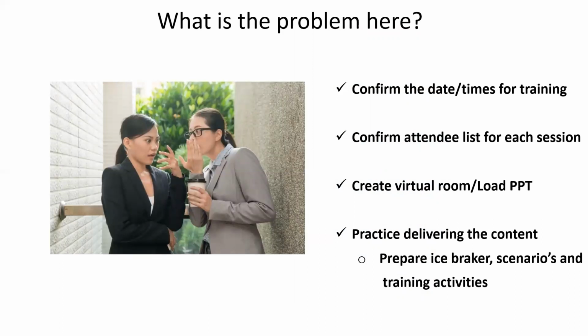The rumor mill in the field with the sales reps and sales managers, market managers, district directors, they were really worried, right? The rumor mill was like, this new way of selling was going to be really hard. It was going to be impossible to use. I think the rumor mill also was saying that the reps are going to have to close 2 sales instead of 1 to make the same commission.